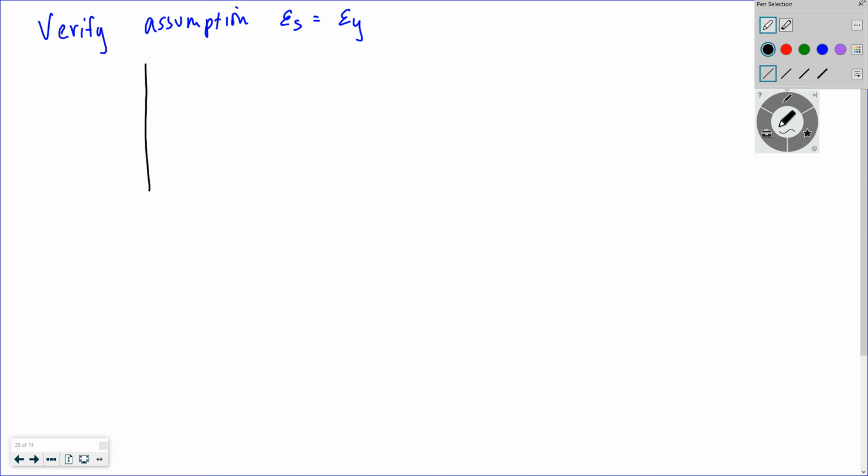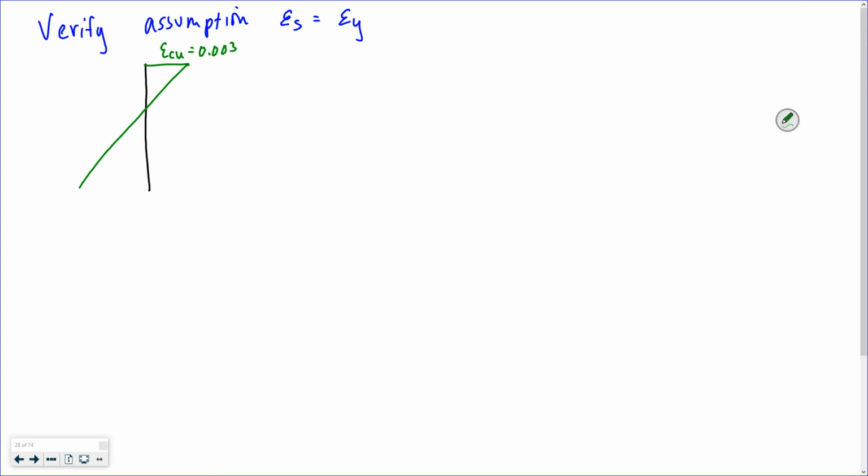Remember, I had my little strain profile, where this is the value of epsilon CU, 0.003. This is my strain in my steel.